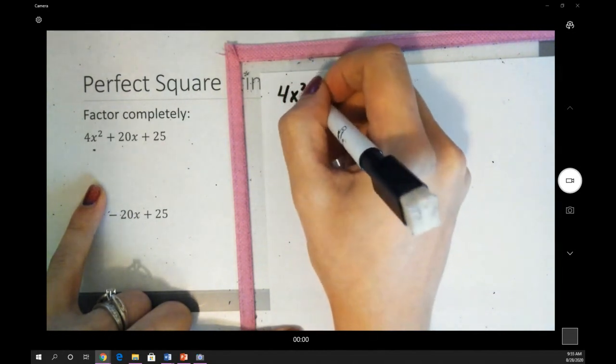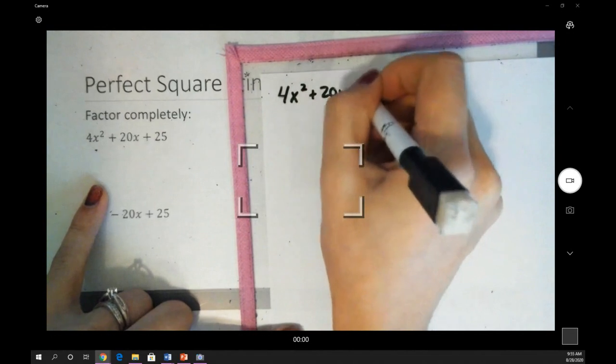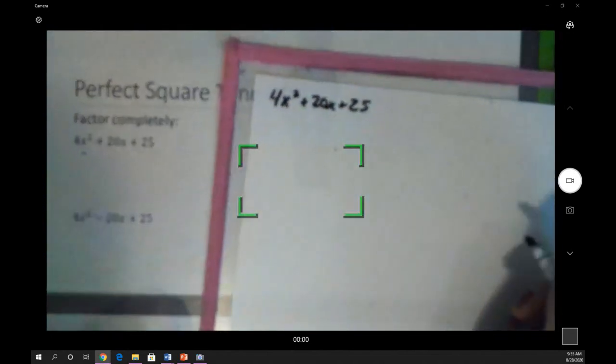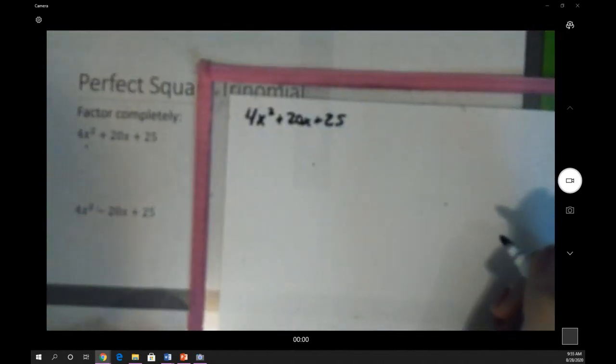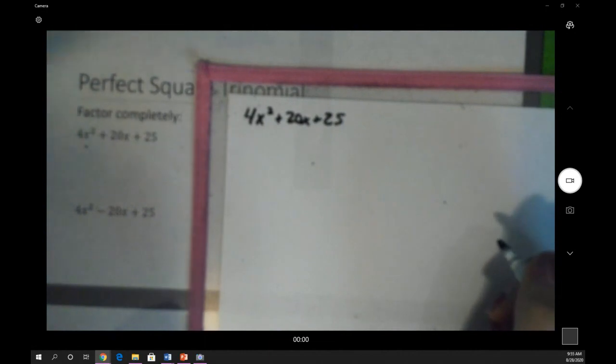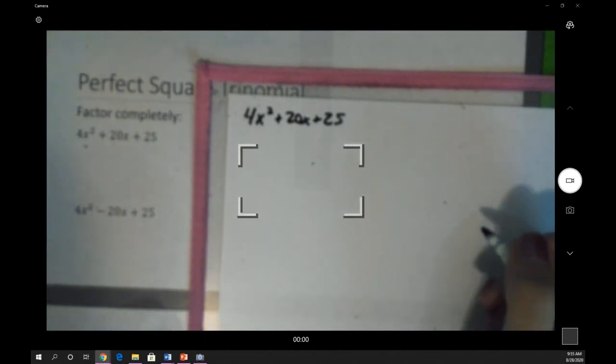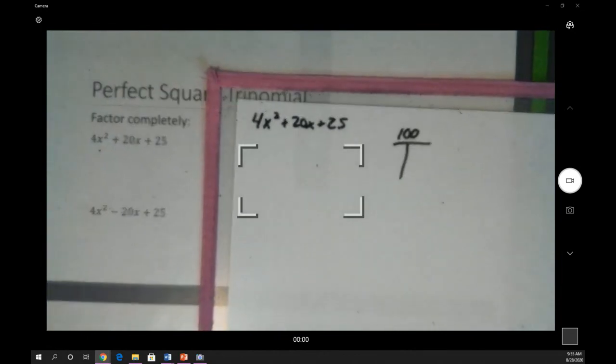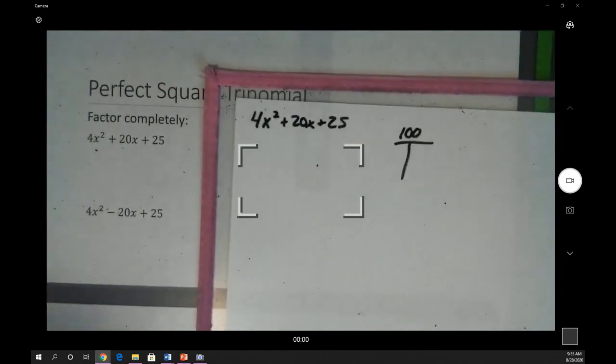So we have 4x squared plus 20x plus 25. If I take my a value times my c value, 4 times 25, that's 100. So I need to make my t-chart based on 100. I need two numbers that multiply to give me 100, but add to give me 20.